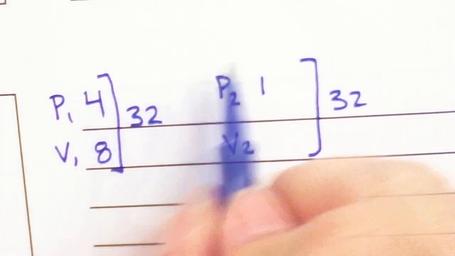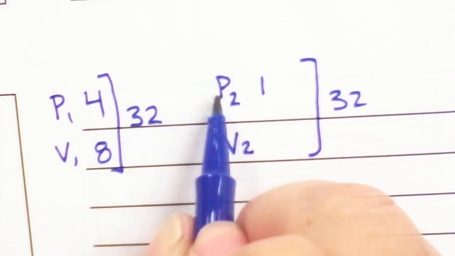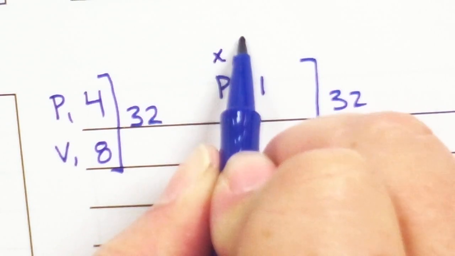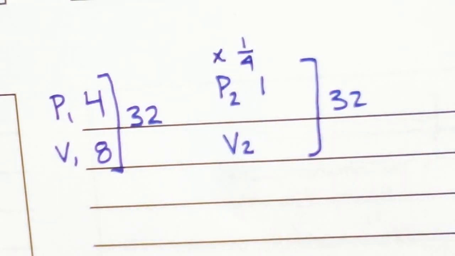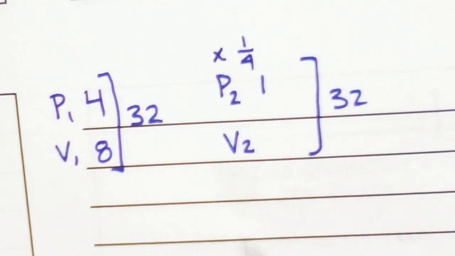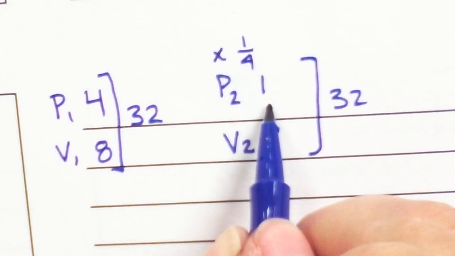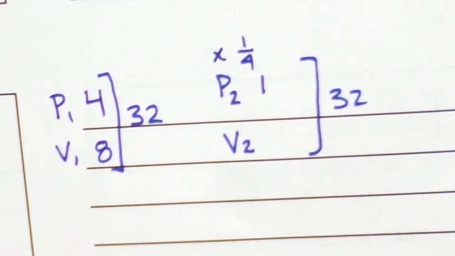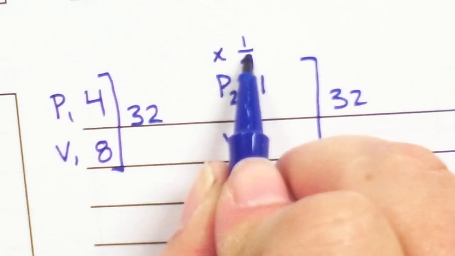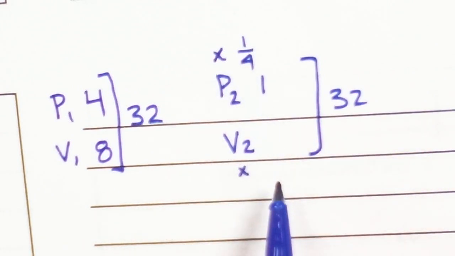So what I did here was multiplied the pressure times 1 over 4. Right? So 4 times 1/4 is 1. Now this is an inversely proportional relationship, which means that what I'm going to do is I'm going to multiply the 8 times the inverse of 1 over 4.